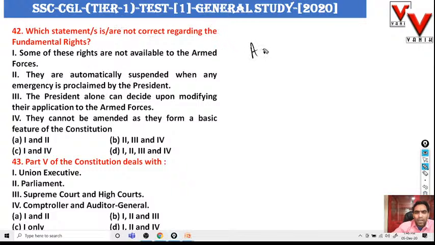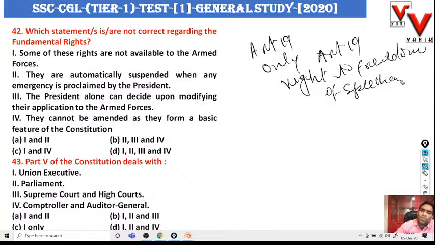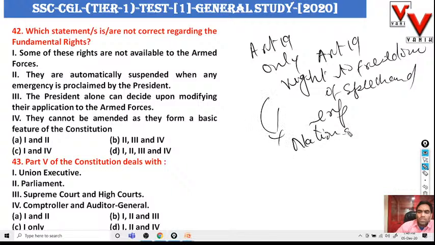Only Article 19 is automatically suspended when a national emergency is proclaimed. All other rights remain with the citizens of India. So this statement is wrong, because it talks about automatic suspension.